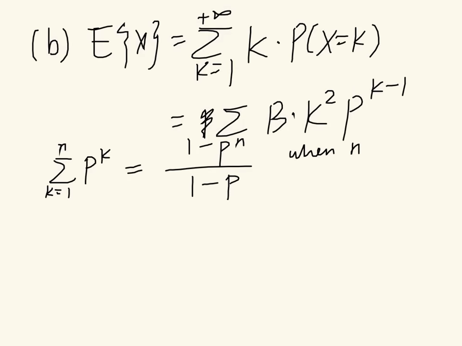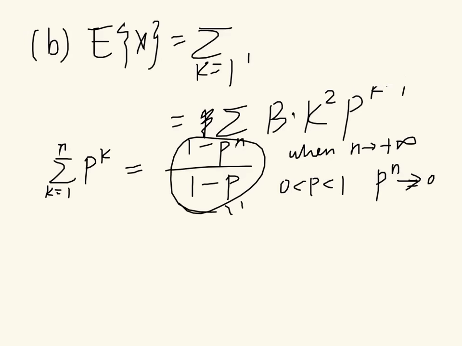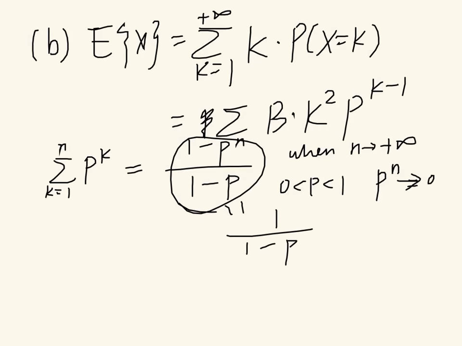When n approaches positive infinity, p is larger than 0 and less than 1, so p to the power n approaches 0. So this term is equal to 1 over 1 minus p.